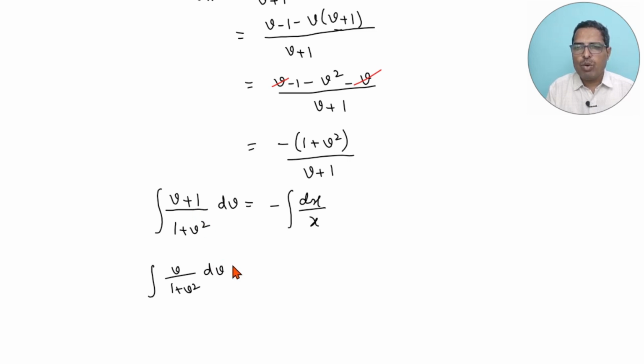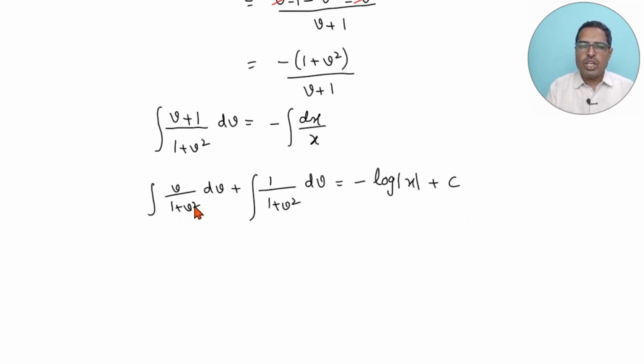Again, since you are having 1 there, plus 1 by 1 plus v square. So again you can apply the integral times dv is equal to minus integral of dx by x, which is nothing but log of mod x plus the constant of integration c.